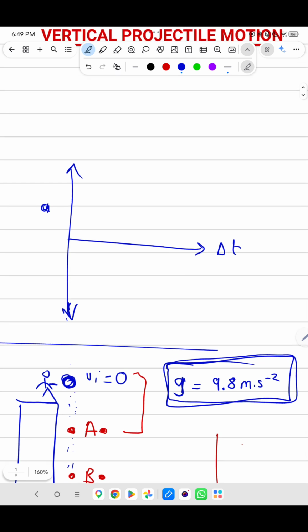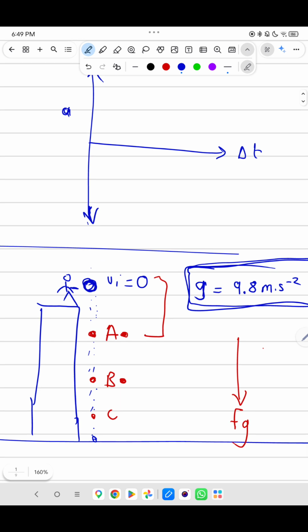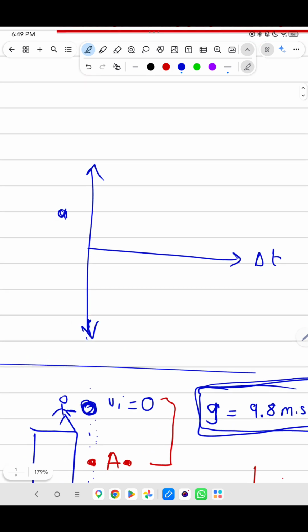So when they tell you to draw an acceleration versus time graph of an object, no matter the scenario, what you need to know is that this will be 9.8 and here it will be 9.8.